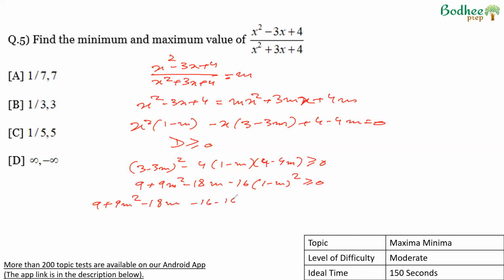Minus 16 minus 16m² plus 32m is greater than or equal to 0. Minus 9 and 16 minus 7m², 32 and 18.